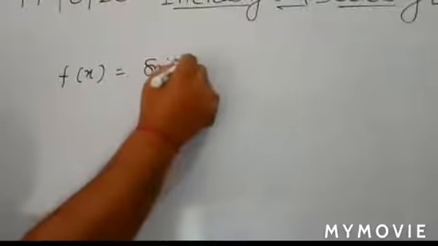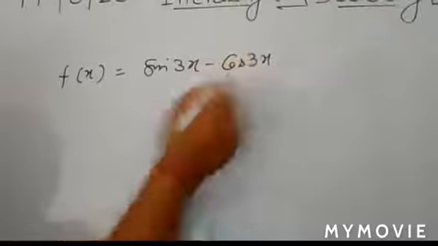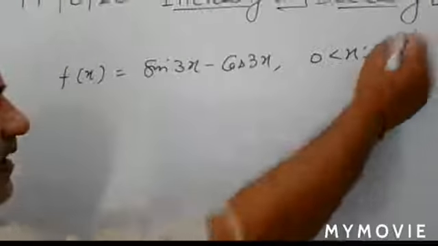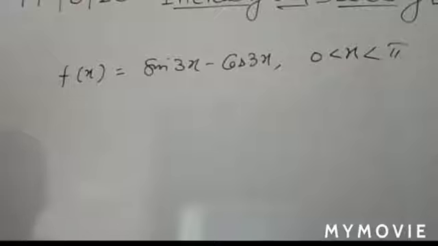Find the interval in which the function f x is equal to sine 3x minus cos 3x, x greater than 0, less than pi, is strictly increasing or strictly decreasing.